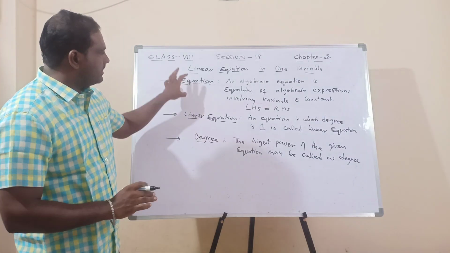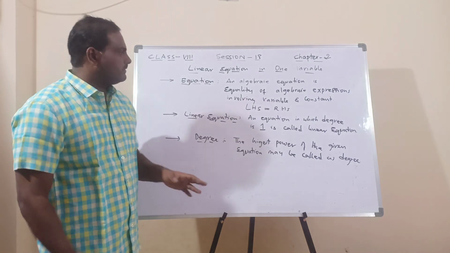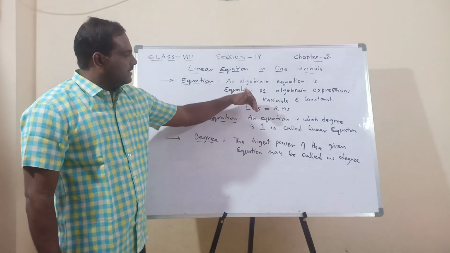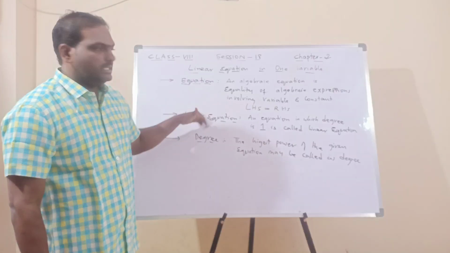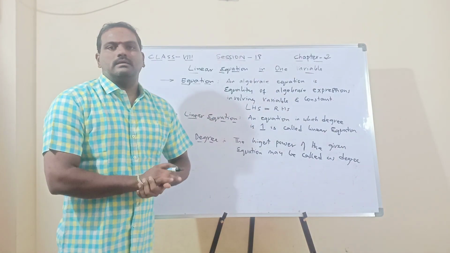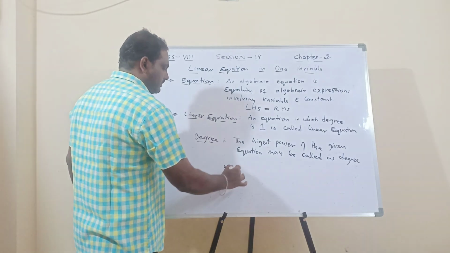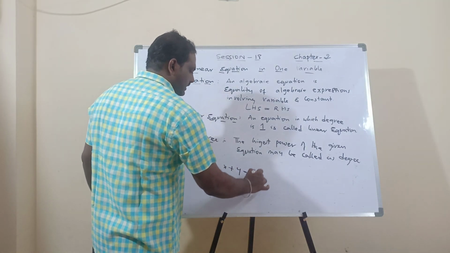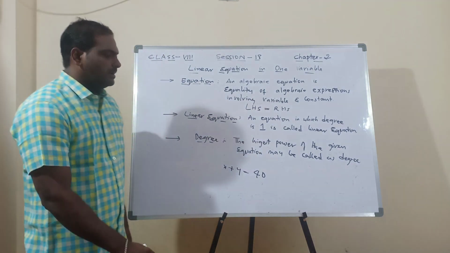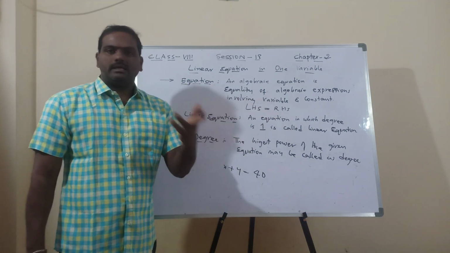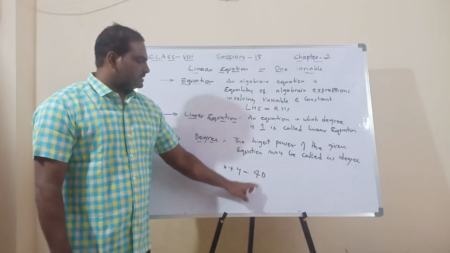Simply to understand, the left hand side of an equation is equal to the right hand side. Example: x plus y is equal to 40. It's an equation. What are x and y? They are variables. Variable means any alphabet. And what is this 40?